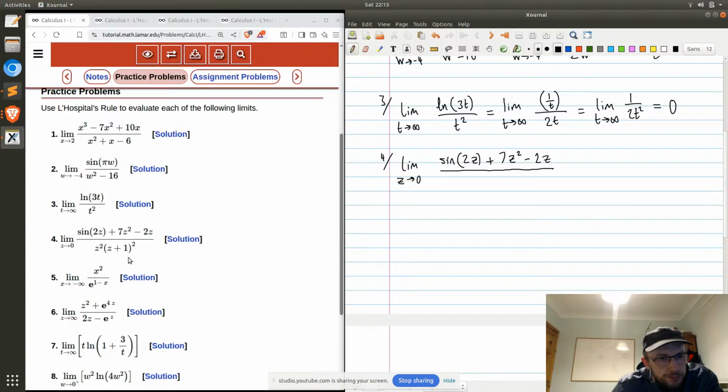So z squared over 2, z squared over 2, z add 1. By L'Hopital's rule, the limit as z approaches 0.